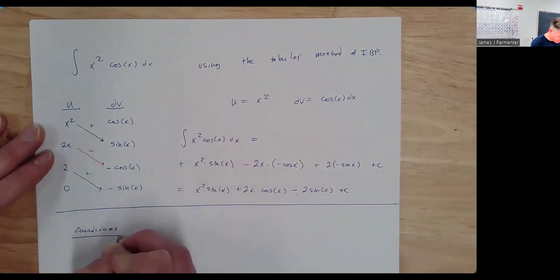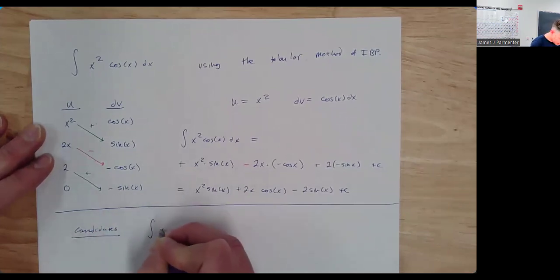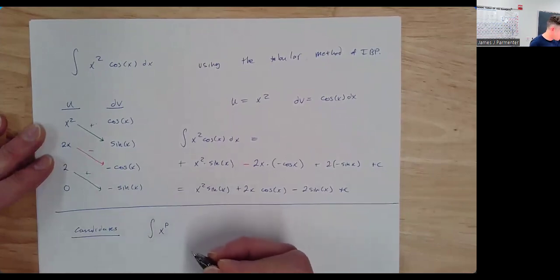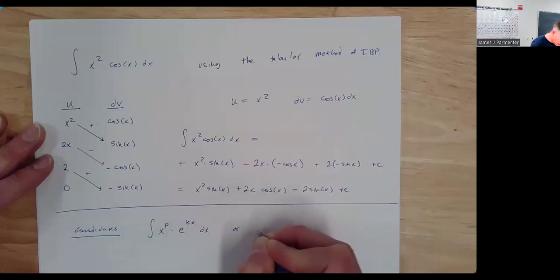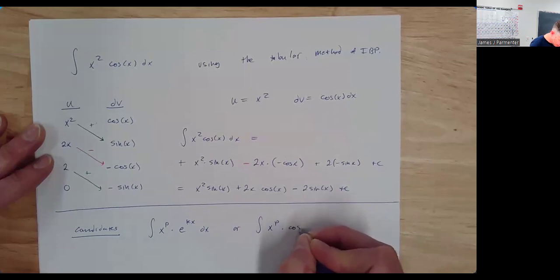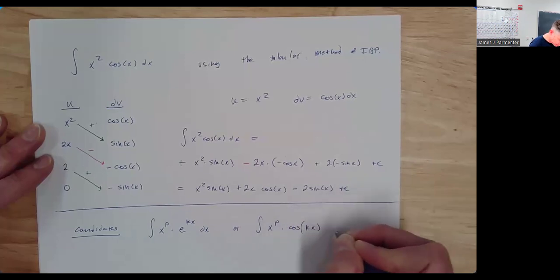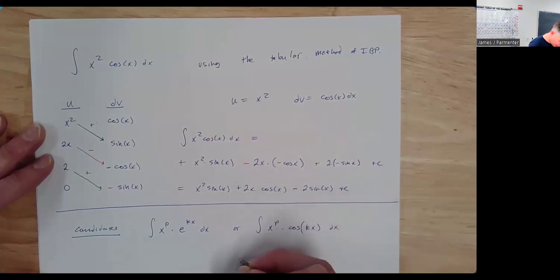I'm gonna write this slightly differently, x to a power, where the power is a positive integer, and you can either have e to the some constant times x, or you can have x to a power times cosine of some constant times x, or you can have x to a power times sine of some constant times x.